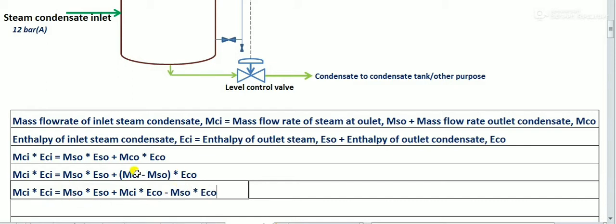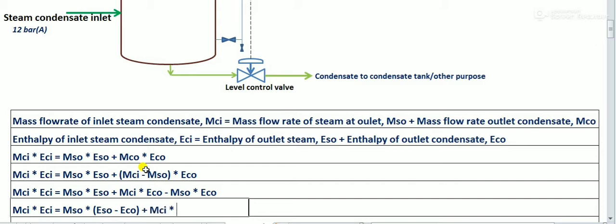We are just multiplying this by ECO. We want to know MSO, right? Again we can simplify this: MCI into ECI minus ECO is equal to MSO, if we take it out, into ESO minus ECO, right?